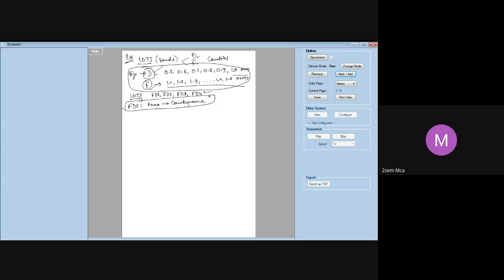If the area is 1.3, I can immediately say it is F, whereas if it is 0.7, I can immediately say it is D.